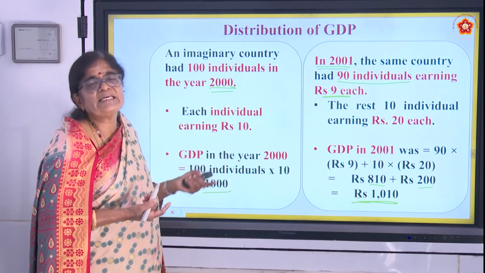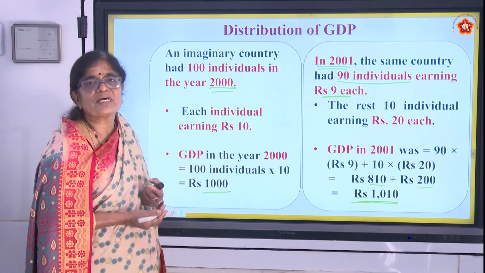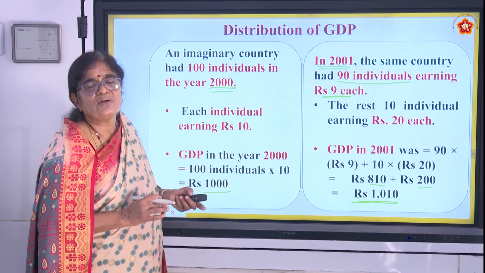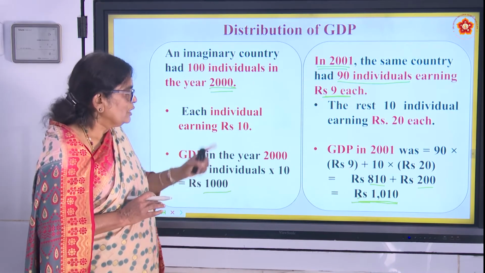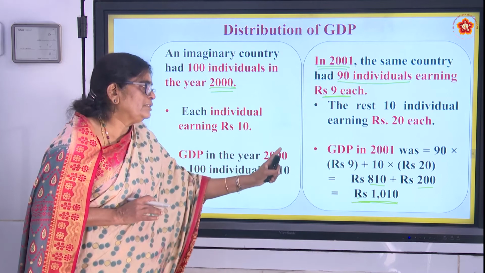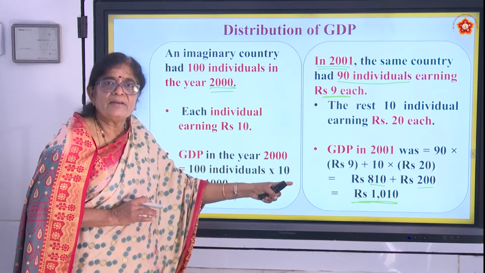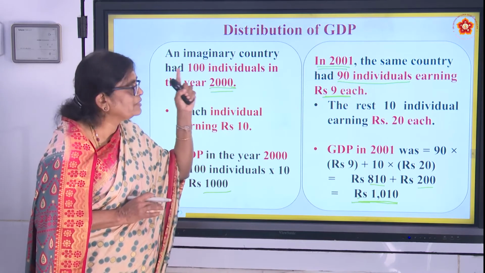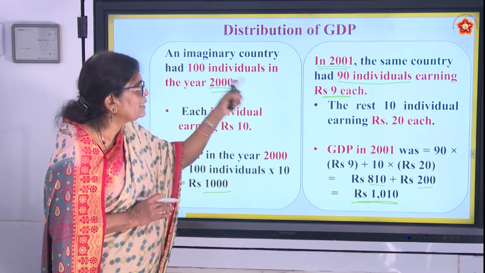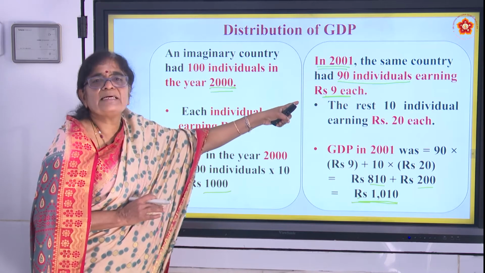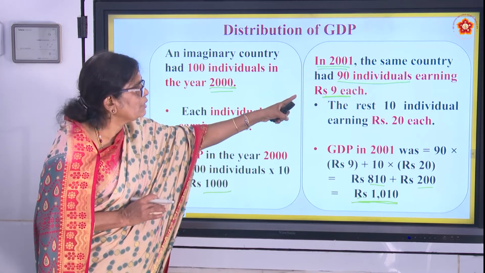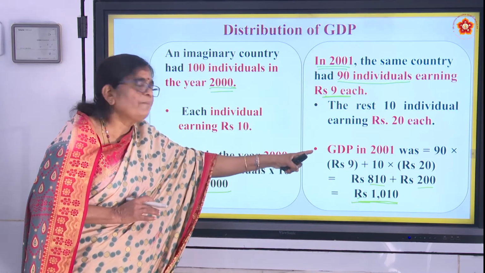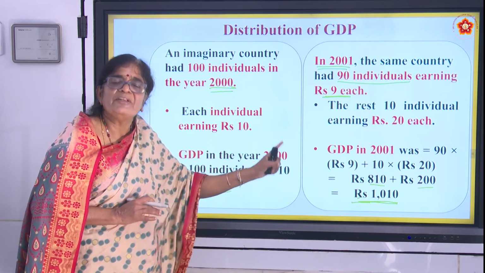But can we say the welfare of the people has also increased? Definitely not. Why? Even though GDP has increased by 10, for the majority of the population, 90%, income has declined to 9 rupees. Only 10% of the population have benefited.